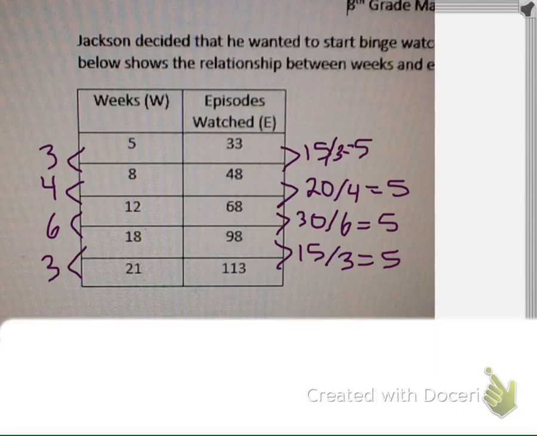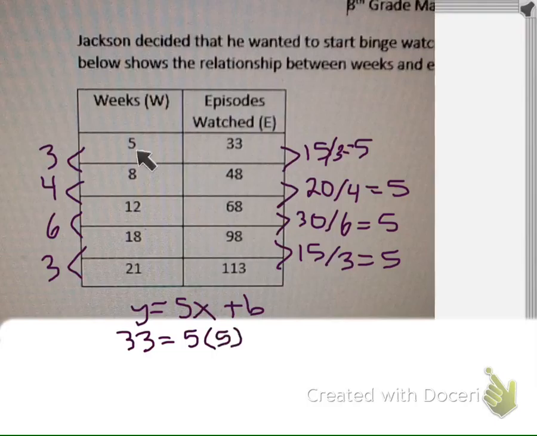Okay, so I know that my slope, or my constant rate in my equation, is 5, but I need to solve for my y-intercept. So right now I have the equation y equals 5x plus b, and I need to solve for b. We've been working on how to use substitution to do that. So I need to choose a y number and its x number and substitute them in the equation. So I'm going to do 33 equals 5.